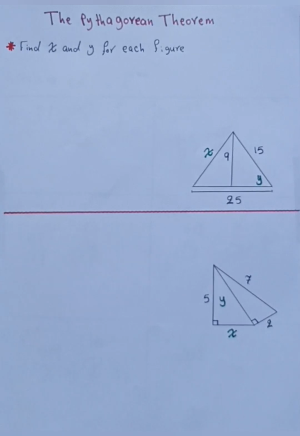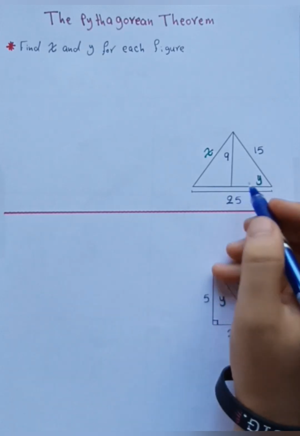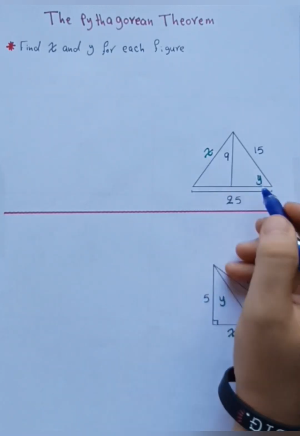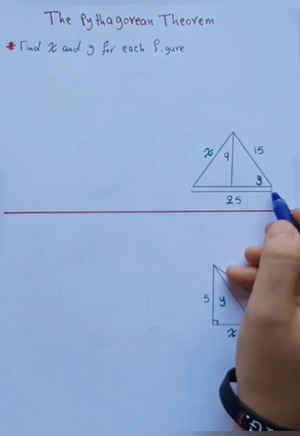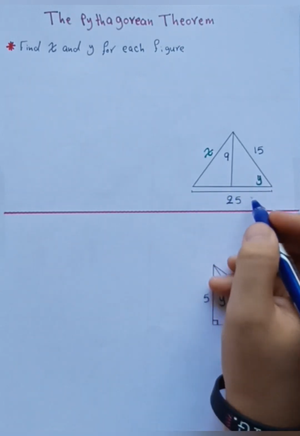After that, in this example, you have to find the measure of x and y. For each figure, for the first figure, we have this triangle. We have to find the measure of x and y. If we start with the measure of y, the length of the base of this triangle is 25.